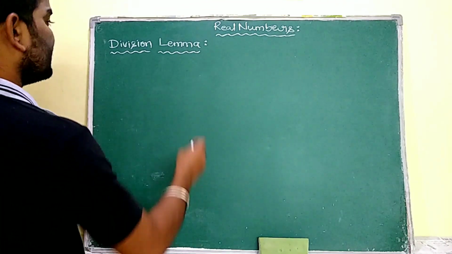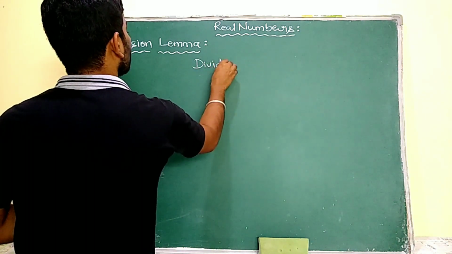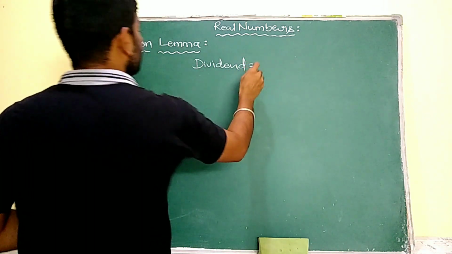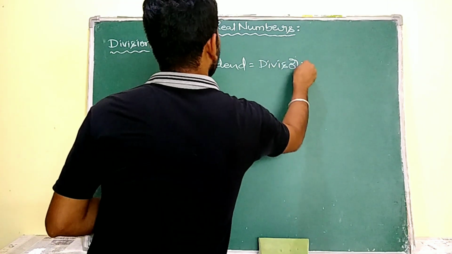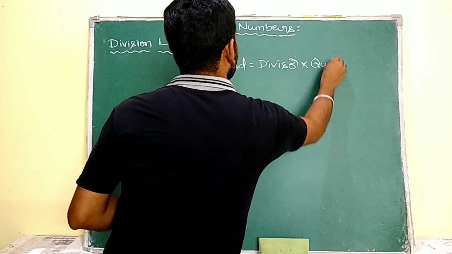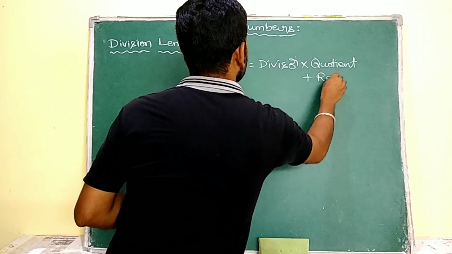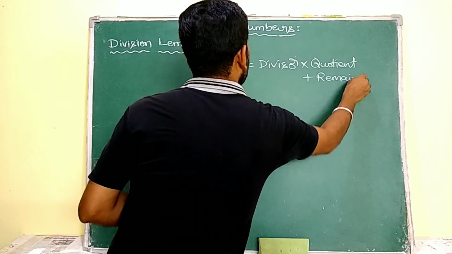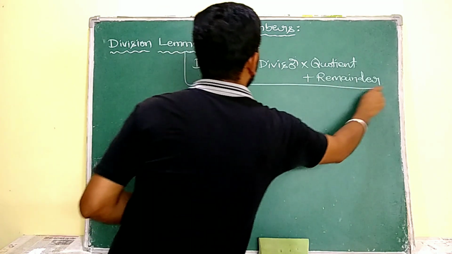Now see, division lemma means dividend is equal to divisor into quotient plus remainder. This is known as division lemma.